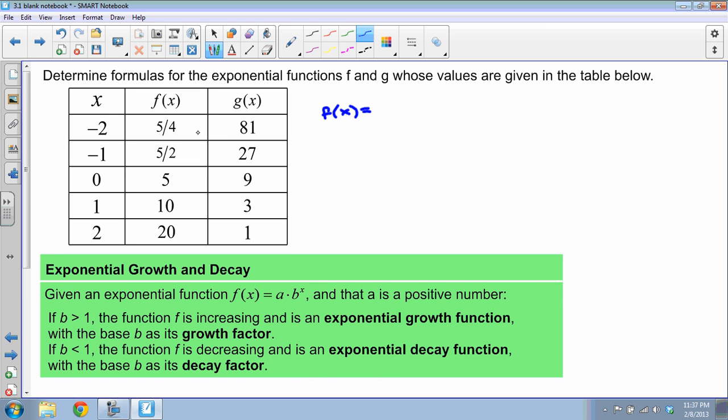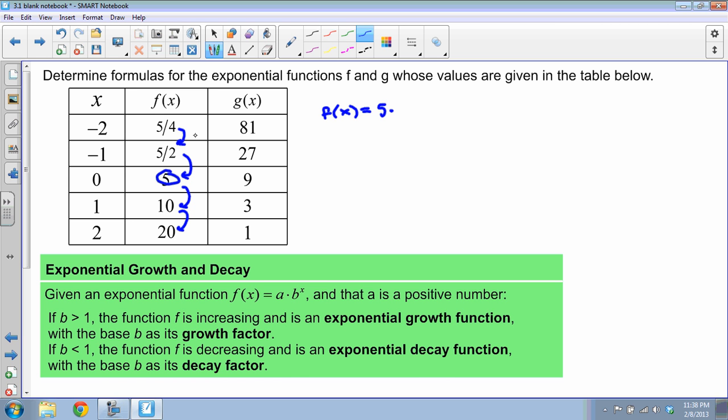First, we need the initial value, which remember is when x is 0, what are we at? We're at 5. That's the first thing we need. Then we need to figure out what the base is. And it just so happens that if we look at what we're multiplying by to get each of these numbers, to get from one number to the next, that's going to be our base.